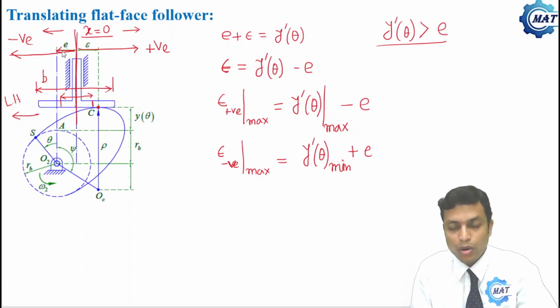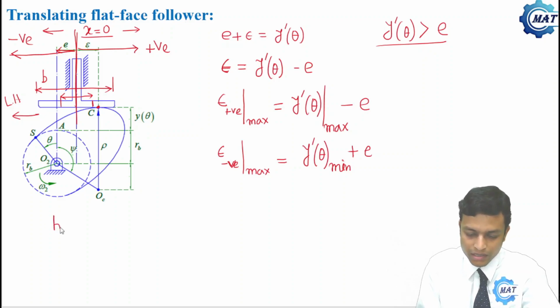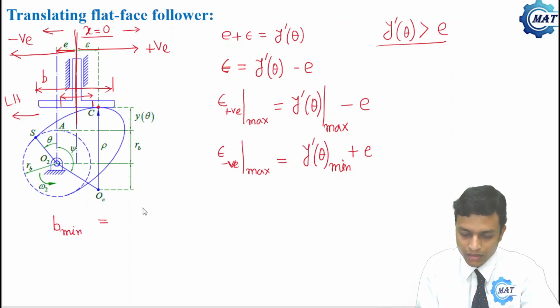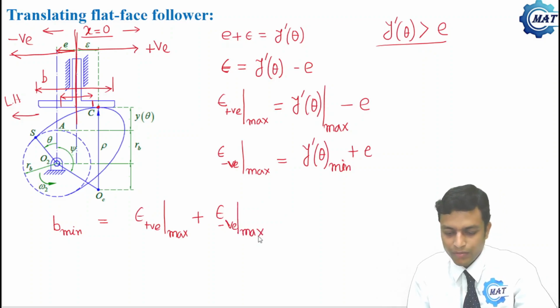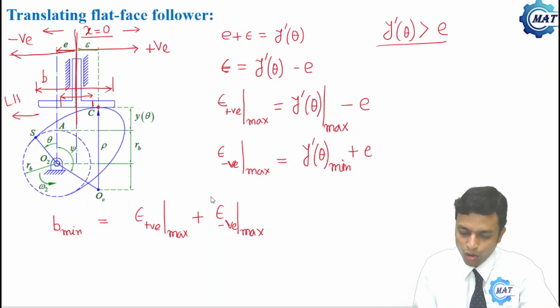So the minimum follower width required, that is B min, is what? Epsilon positive max, that is on the right-hand side, plus epsilon negative max, the maximum negative value, and the mod of that.